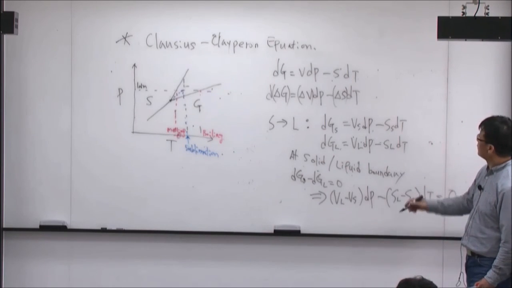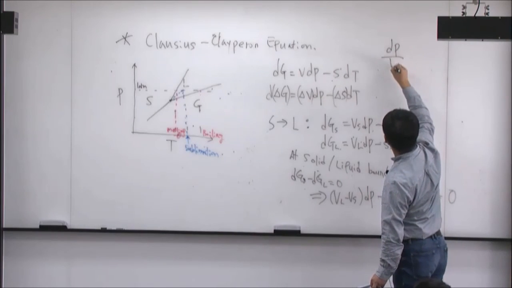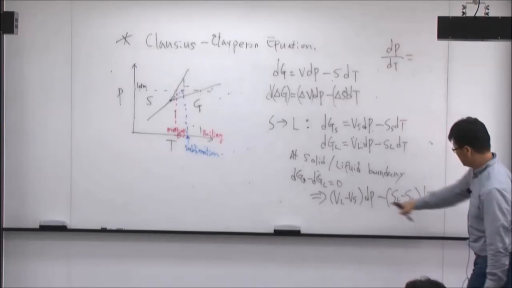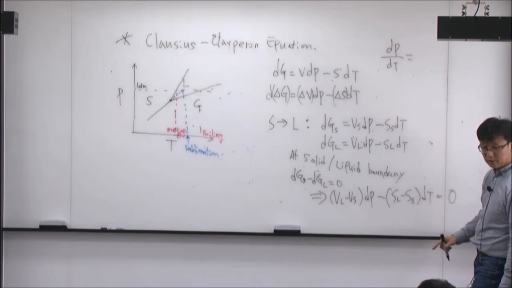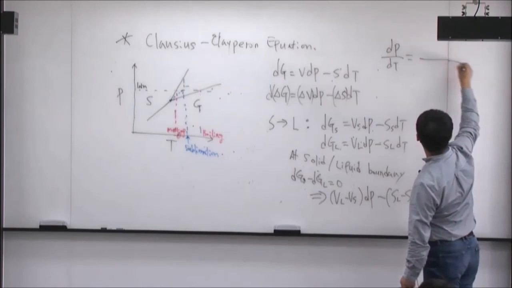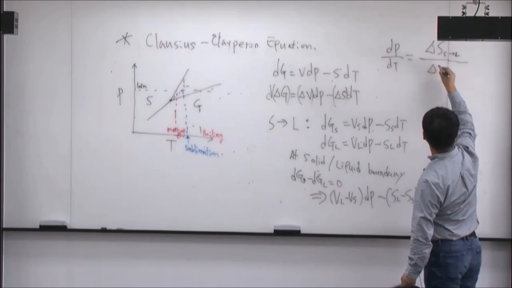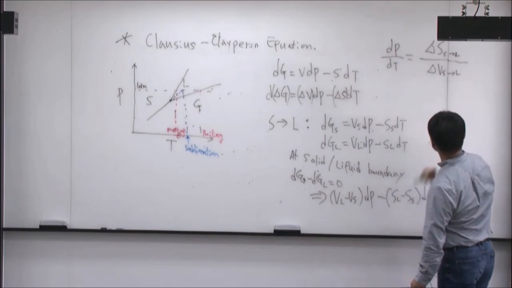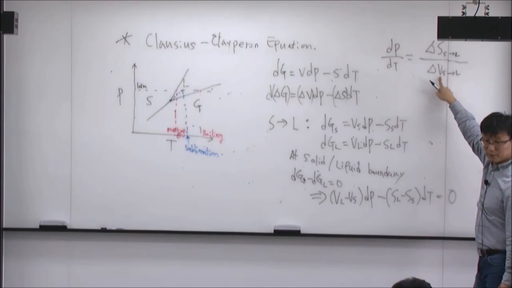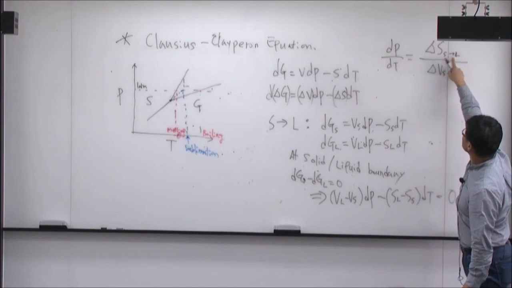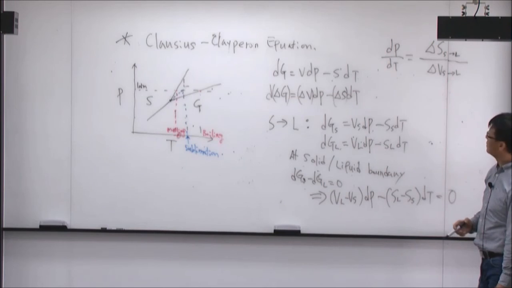Okay? So if I write down this one again, dP over dT, I just move this one to the other side, and then I divide by dT, then this will be delta S, solid becoming liquid, over delta V, solid becoming liquid. So solid becoming liquid means V liquid minus V solid, and S liquid minus S solid. Okay?